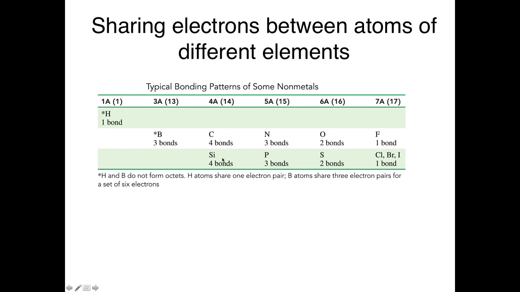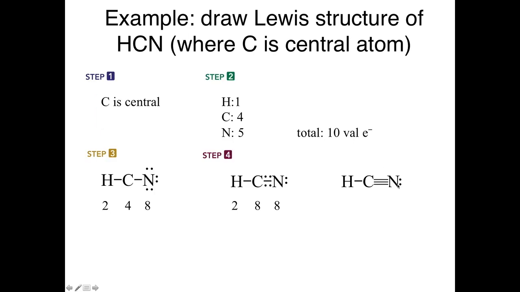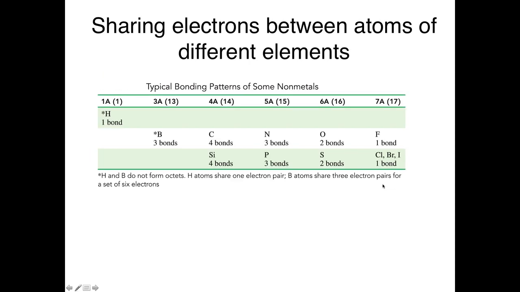Silicon below carbon is also in group 4A, so it will also have 4 bonds. Nitrogen, as in the previous example that we just saw, has 1, 2, 3 bonds. Nitrogen will always have 3 bonds. Again, because it is in group 5A, it has 5 valence electrons, so it needs 3 more electrons to be an octet.